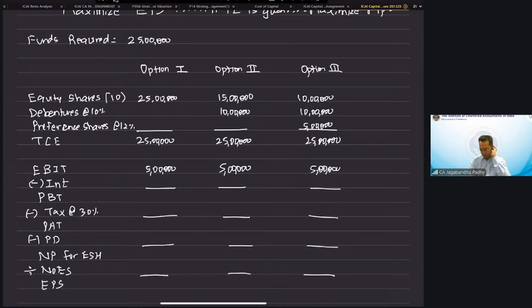So can you complete this income statement for all the three plans and suggest which plan is to be selected based on, of course, the highest EPS criteria? Based on the highest EPS criteria, can you select which one we should be choosing? Can you calculate the EPS in each of the plans, guys?